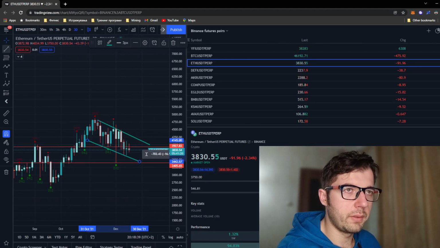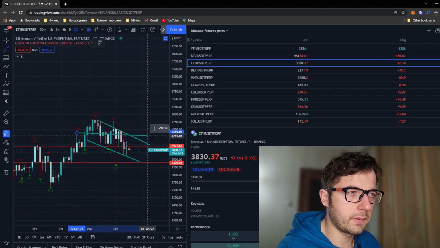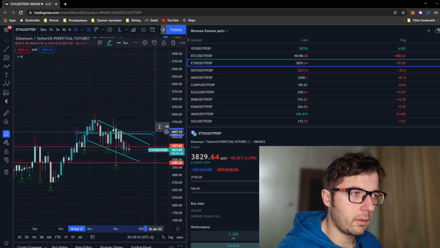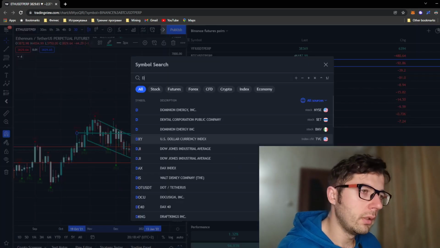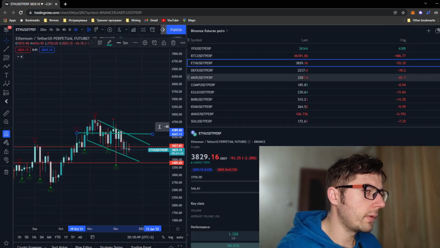The probability next is that we're going to visit this range, 43.50, and that's how you see it.